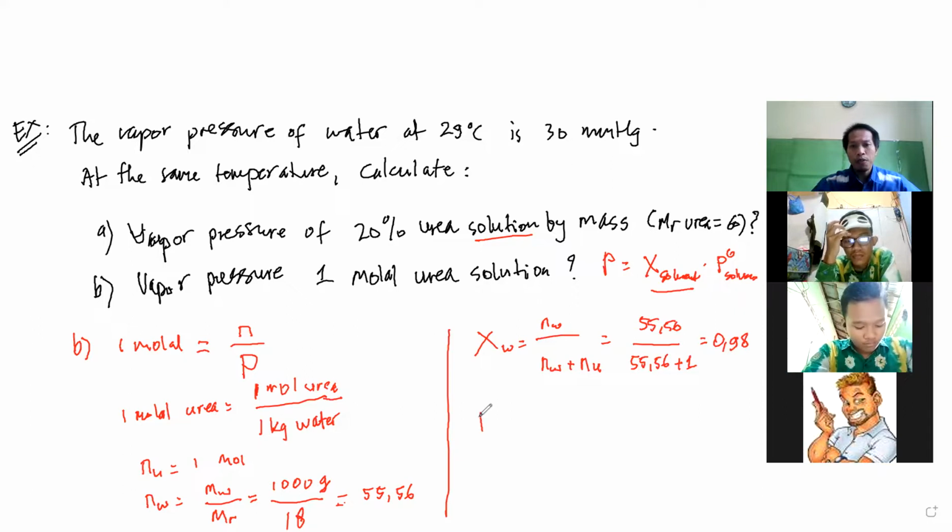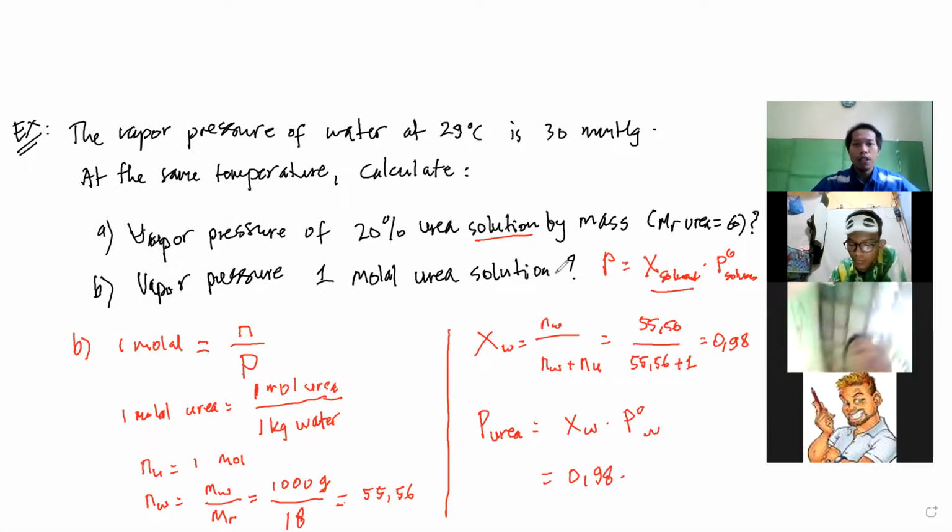So the P of urea solution will be equal to X water times P0 of water. Yeah, according to this formula, the solvent is water. So X water is 0.98 and P0 of water is the same, it is 30.